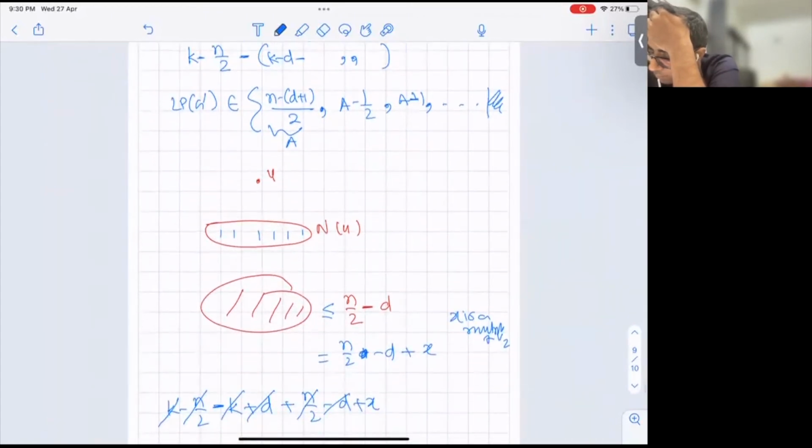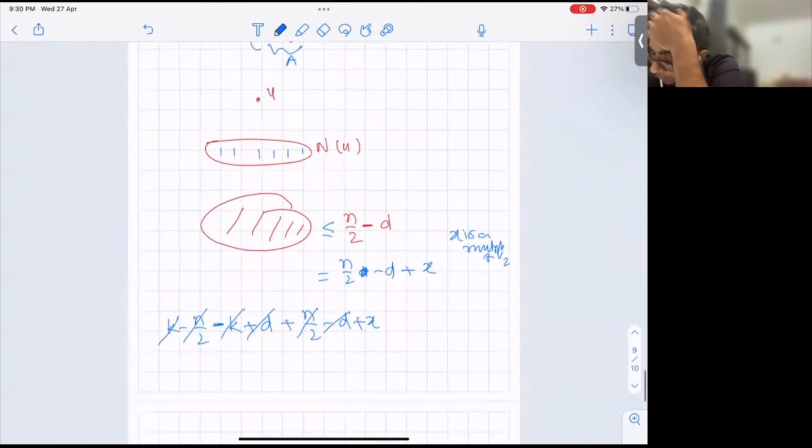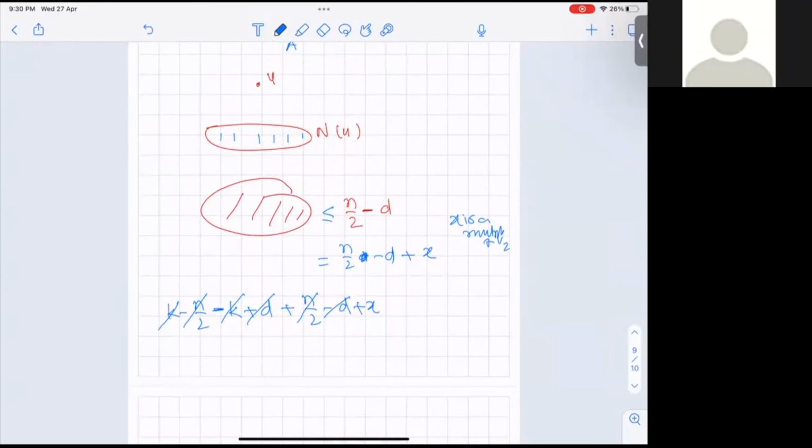There should be some clever way of saying this. Let's see. Yes, because it's an all-half solution.